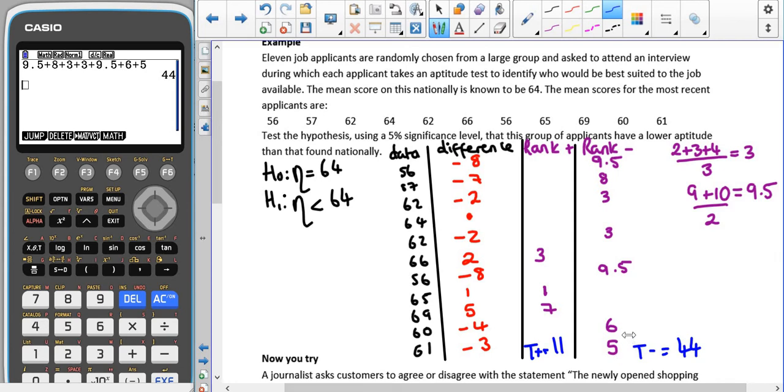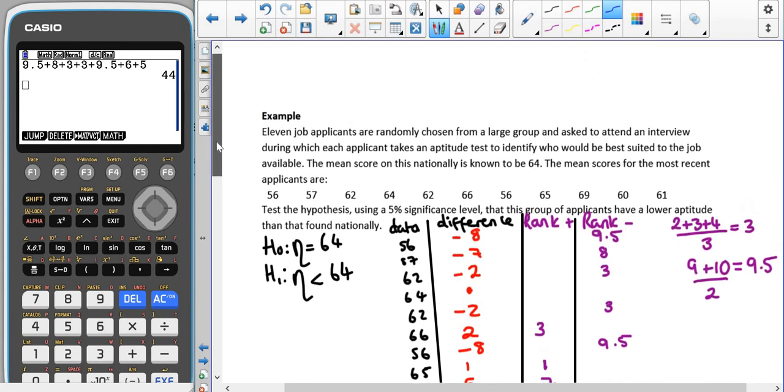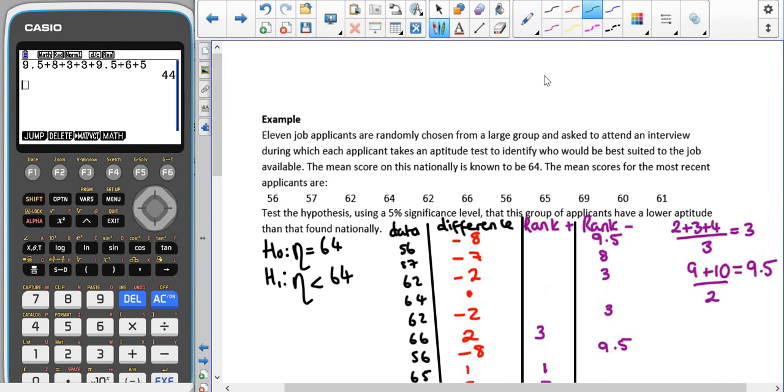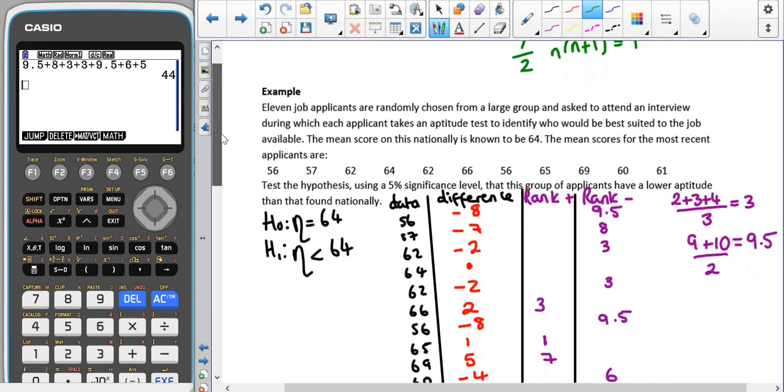Now, as a way that we can check this, in the formula booklet there is a formula on the critical values page. The formula looks like a half of n, sorry, there's not a bracket there, half of n plus 1, and that should give you the total of the totals.